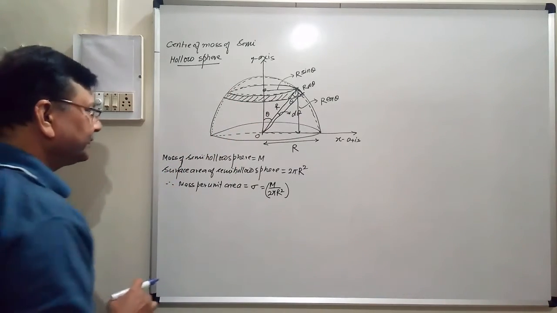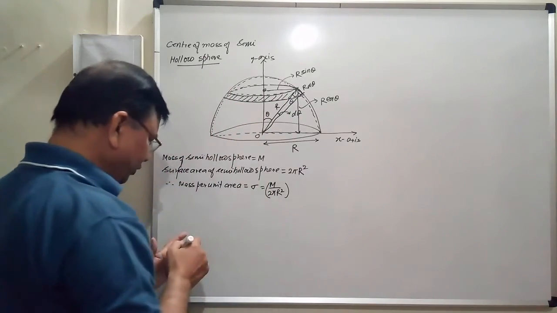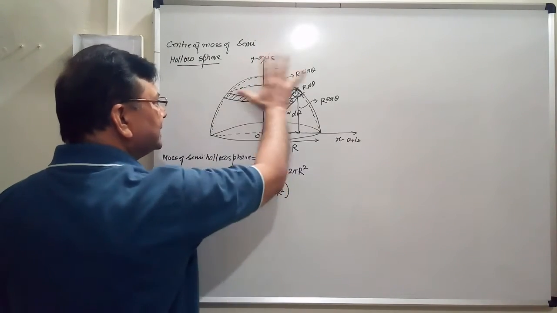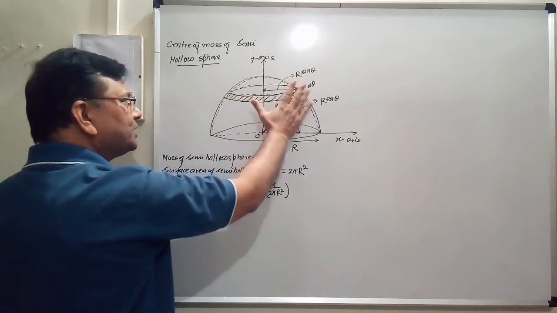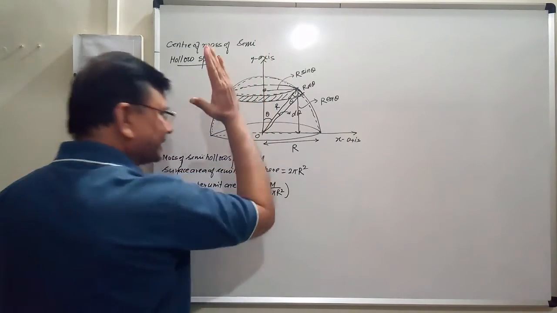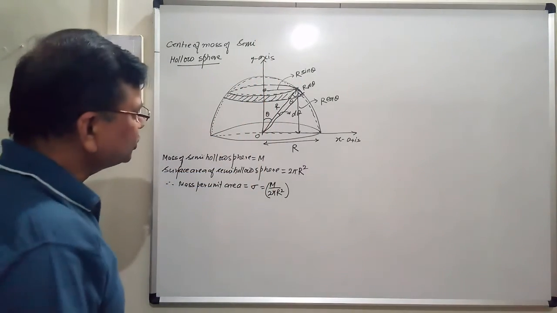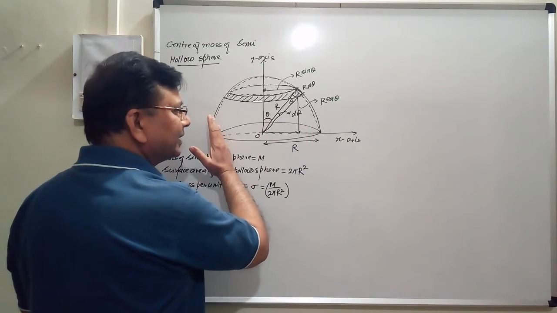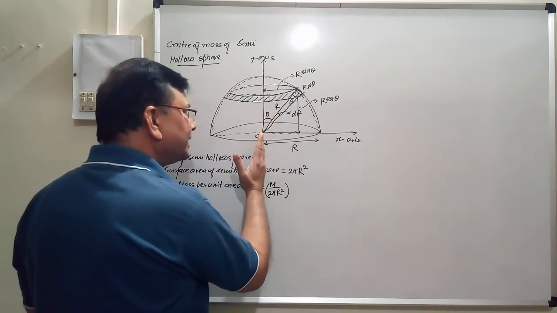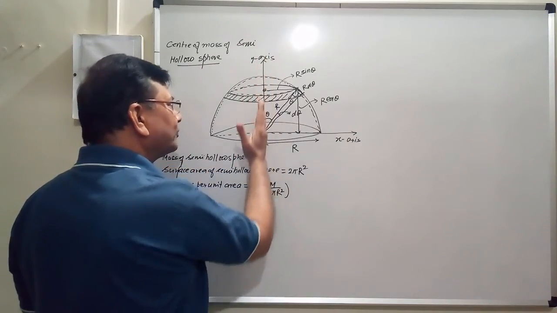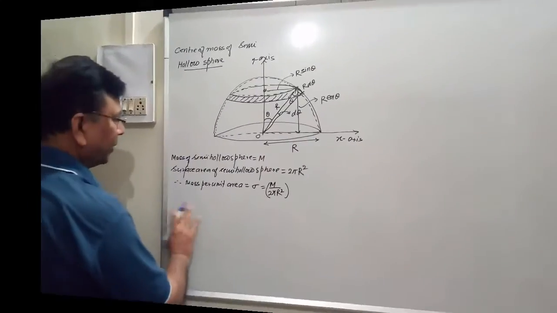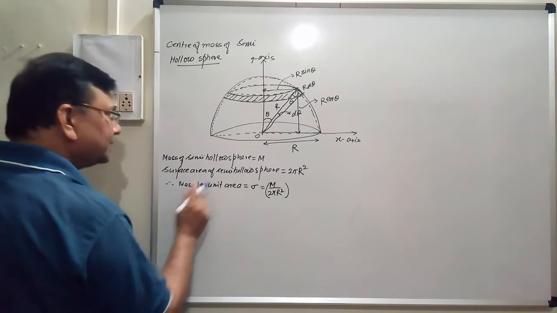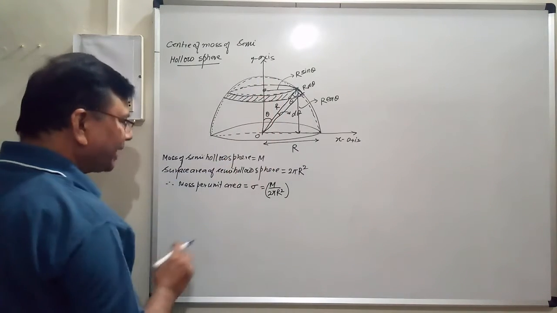Now, by symmetry, this semi-hollow sphere is very symmetrical about the y-axis, right? So the x coordinate of the center of mass will be 0 and the center of mass will lie on the y-axis. Suppose the center of mass is denoted by YCM.